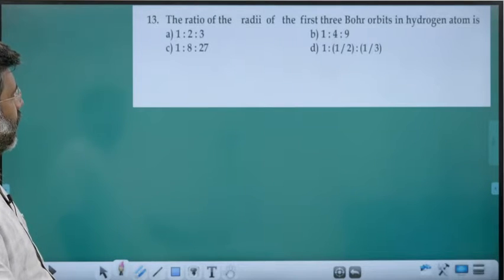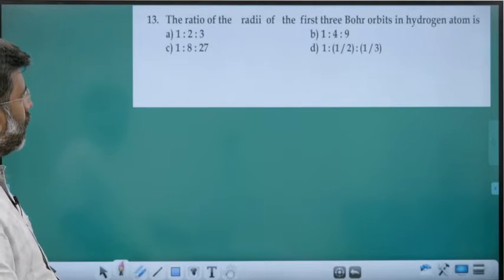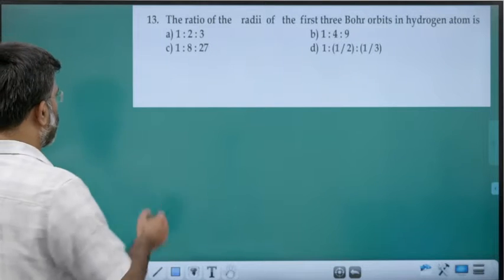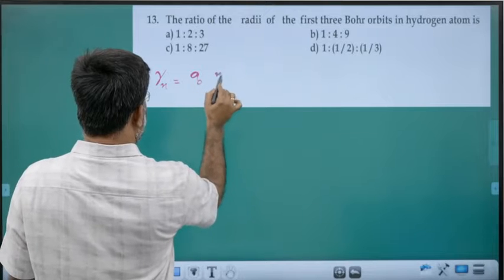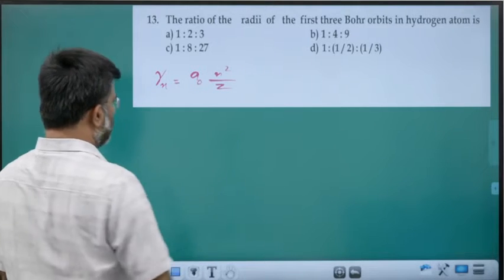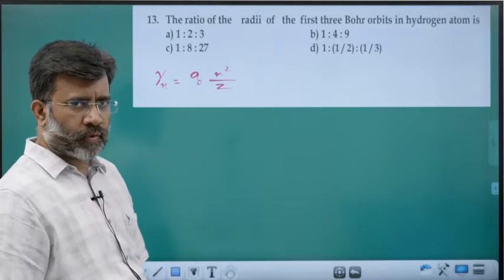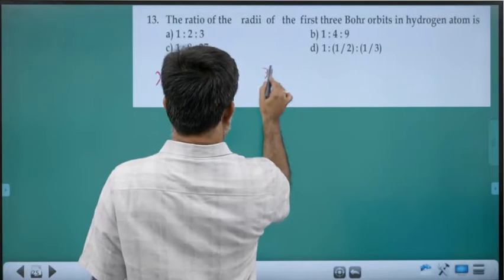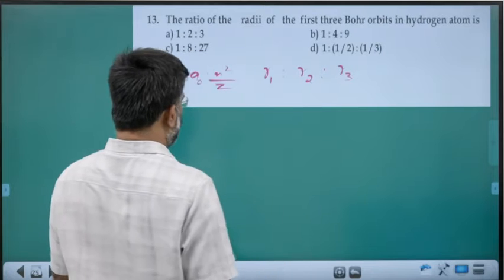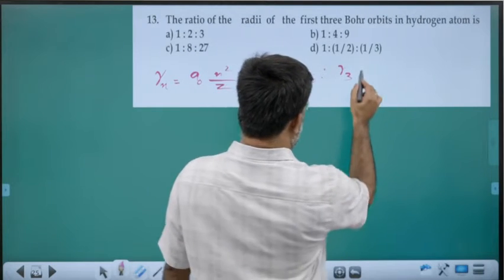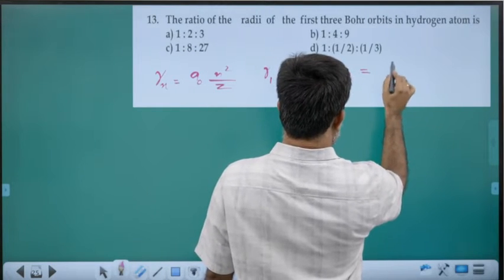Ratio of radii of first 3 Bohr orbits of hydrogen atom. You know Rn is equal to A0 n square by Z. We are talking about hydrogen, so Z is equal to 1. R1, R2, R3 is asked.